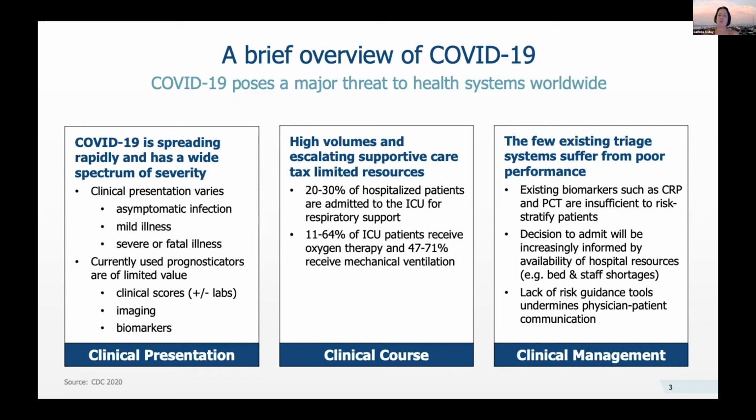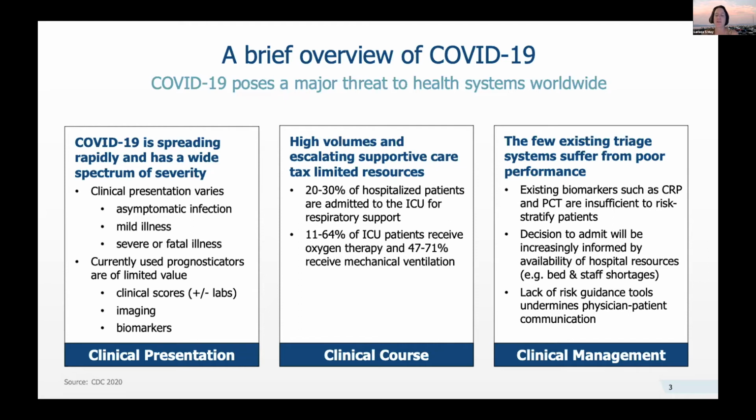So we also know that there are few existing systems really to be able to risk stratify patients. So many have identified biomarkers such as CRP and PCT, as well as D-dimer. However, these really are insufficient to risk stratify patients in many cases, and we sometimes are very surprised by who ends up in the ICU. Also, our decision to admit patients is increasingly informed by what hospital resources might be available.